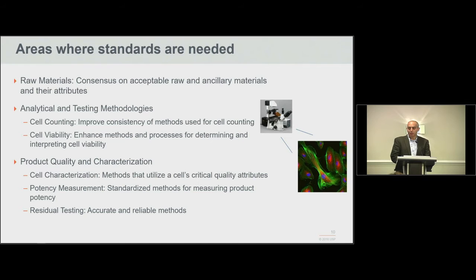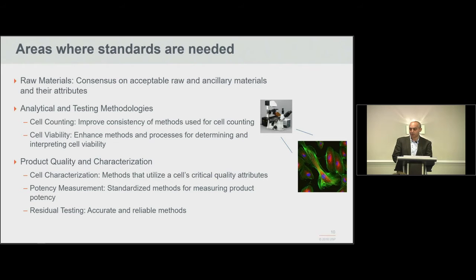As far as product quality and characterization, cell characterization is really important, and a lot of the flow cytometry based methods are key here. Potency measurement and the need to have standardized methods to measure product potency. And residual testing, as I mentioned earlier, is really critical for some of the critical raw materials that are used in manufacturing processes.